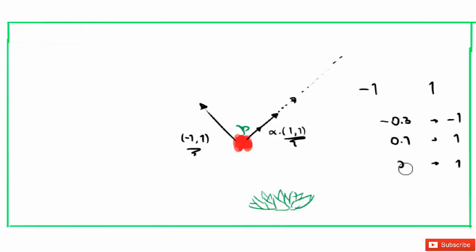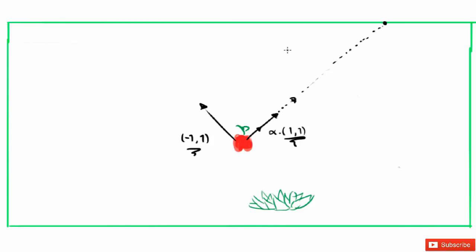Okay, so let's go back to drawing a little bit. And as you can see, let's say that we start out with a direction of 1 and 1. So we're going to move our apple, and eventually it will collide with this wall. Okay, so you gotta note that when you collide with something, you can access a component that's the normal of the element that you just collided with.